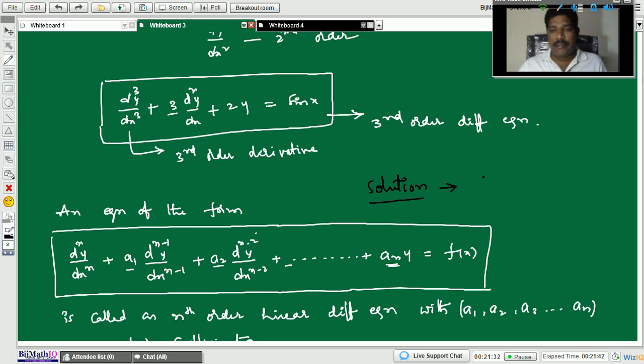Solution means the relation between independent and dependent variables. Okay, let us discuss how to find solutions.